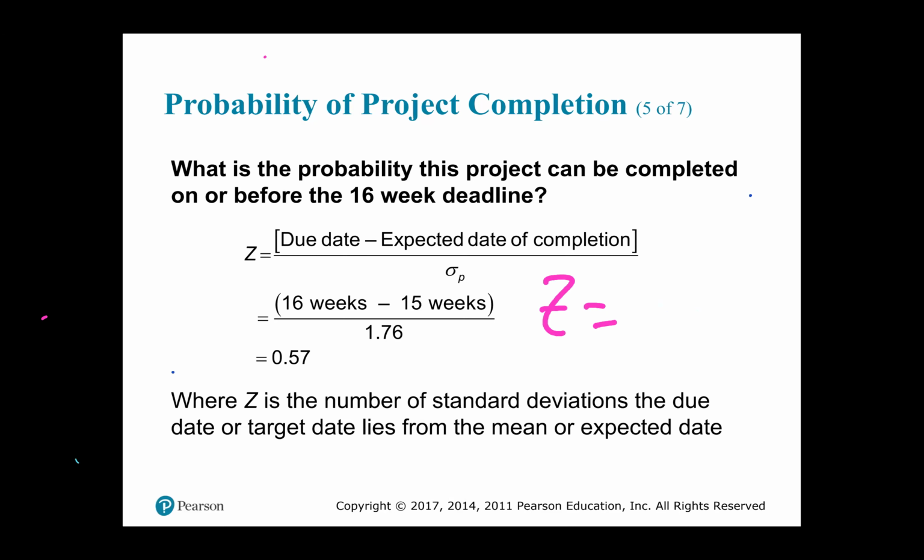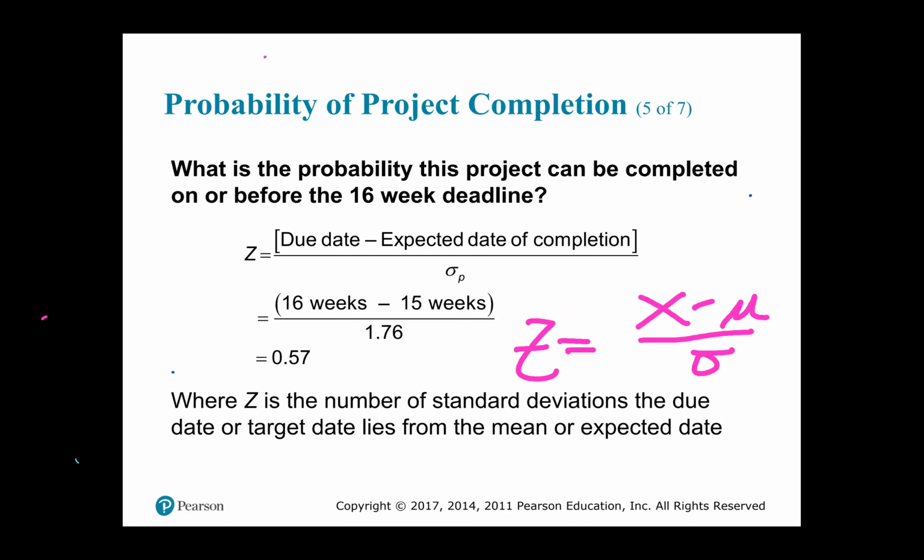So you would normally see the Z value formula written as x minus mu over sigma. That's how you would see the Z value written when you're in your statistics class, right? So it's the same formula we have borrowed here.